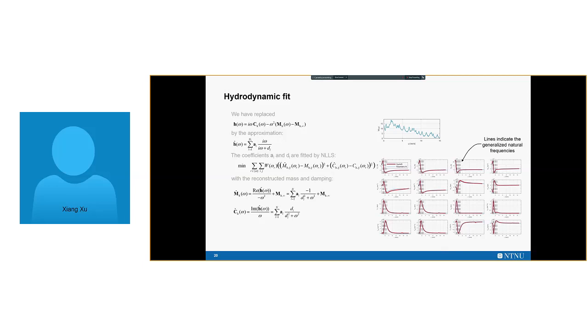Okay. Well, there are a number of ways to do this fit. In this case, we are fitting the poles directly, the D variable you see here in the slide. Okay.